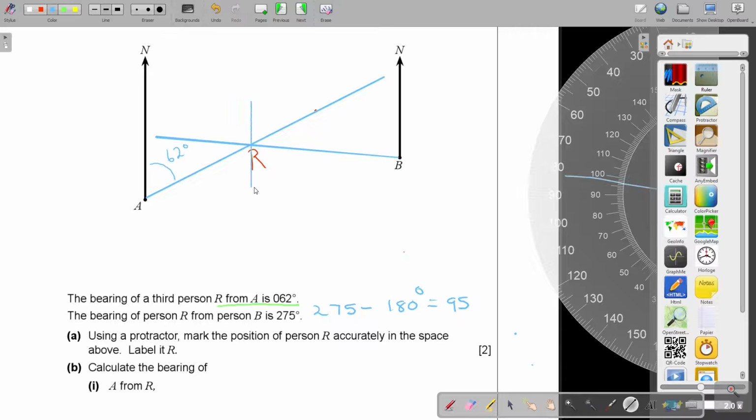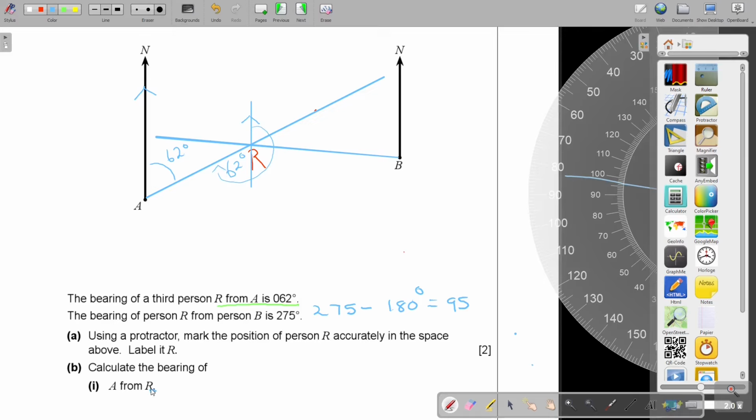Can I just show you that this line will be parallel to this line? So this is my alternate angle. So what will this angle also be? 62. Now remember, you find the angle from there to there. So it's 180 plus 62, because R, the one that they say second, that's your center.